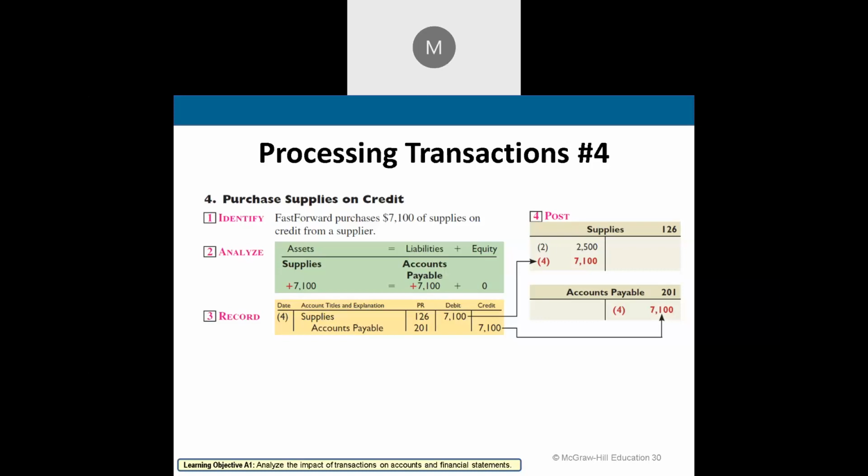And I credit accounts payable to increase the liability account. Look at this second step. I increased assets and I increased liabilities. The accounting equation is still in balance. I increased supplies by debiting supplies. I increased the liability by increasing accounts payable through a credit. And I post it to my ledger accounts.